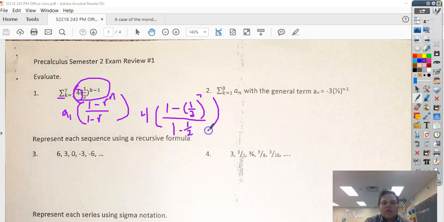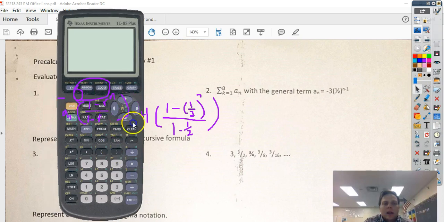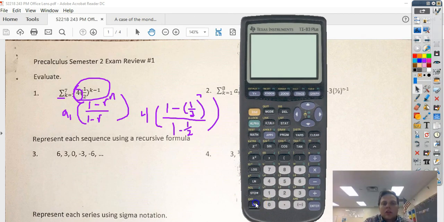Now the rest of this is just a plug-into-a-calculator kind of problem. So we pull up our handy dandy calculator, we turn it on, we do 4 times, and I suggest you use your alpha y equals ability here. I have to do some weird stuff because I do not have that ability. Divided by 1 minus 1/2, which is just 0.5, close, press enter.